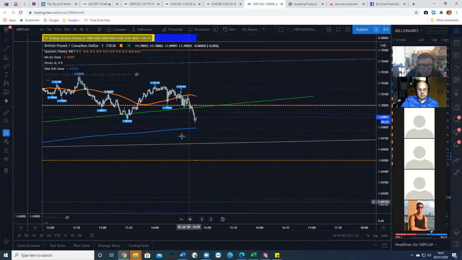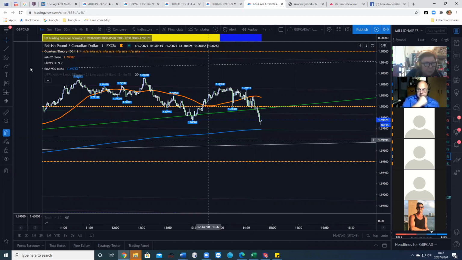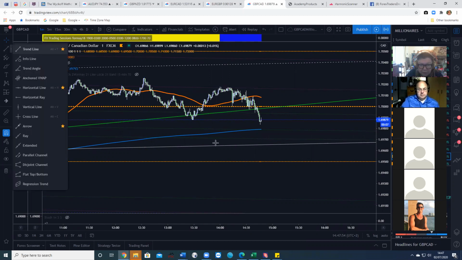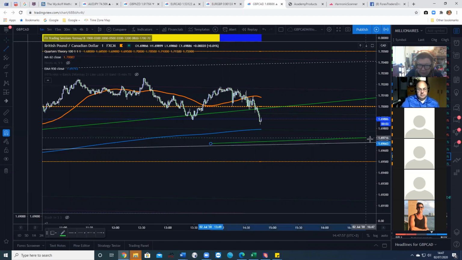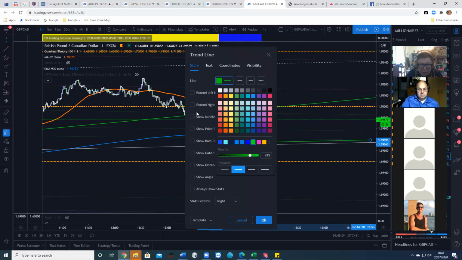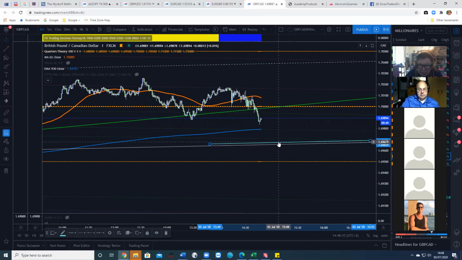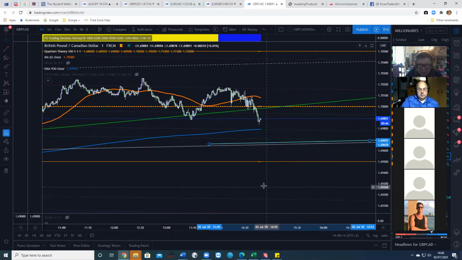So we don't know if it's reversing properly yet. But we must have our pitchfork touch. So what I'm going to do is put an alert along here and see what that does. So that's GCAD.